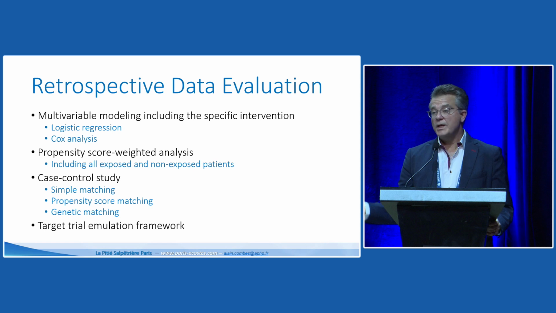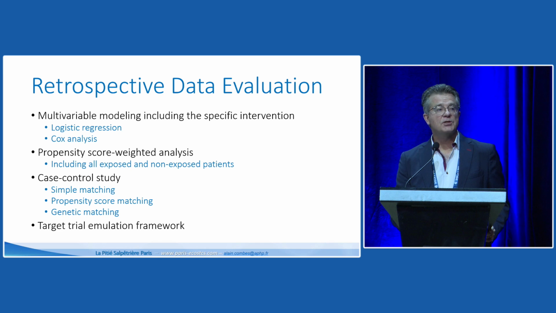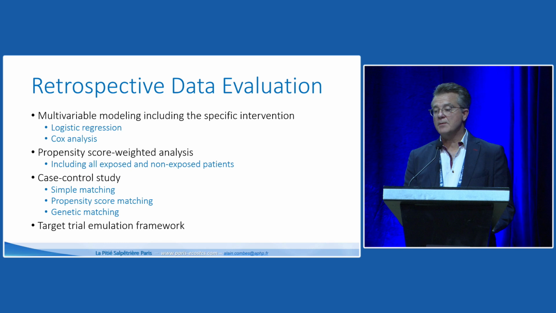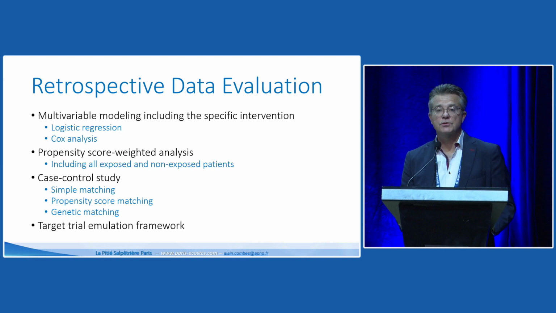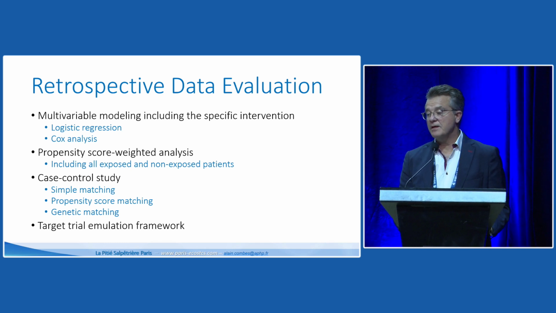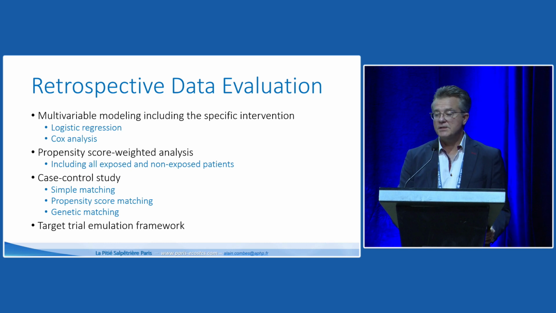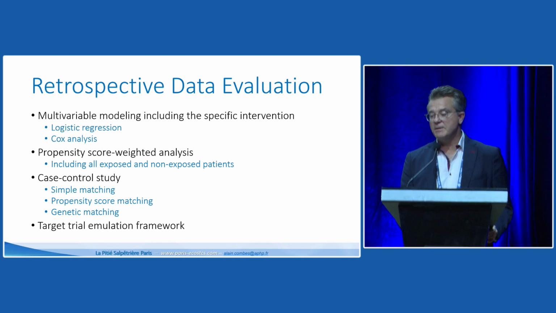So we had a lot of retrospective data, databases in which there were large collections of patients and data. Some got ECMO, some did not get ECMO, and it's possible to do retrospective evaluation using different types of models. I've listed some here: multivariable model, propensity score weighting, case control with propensity or gene matching.